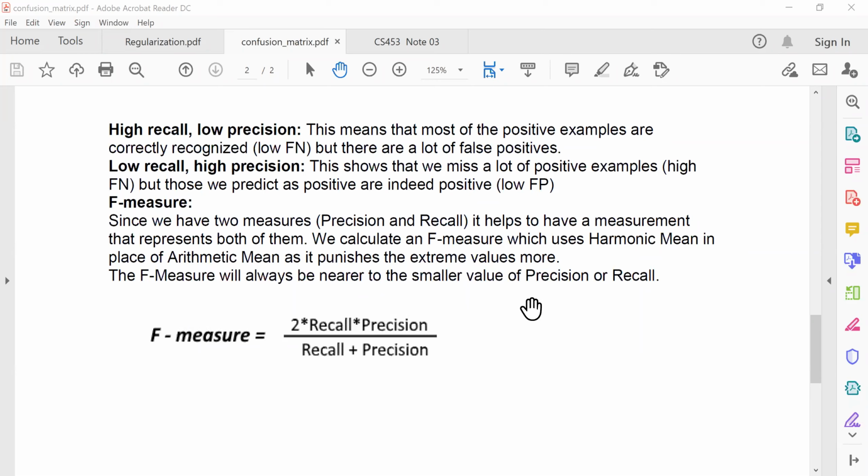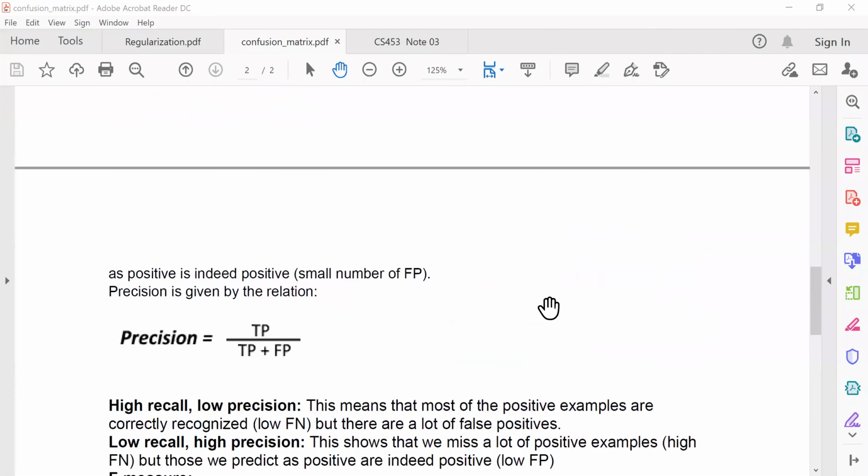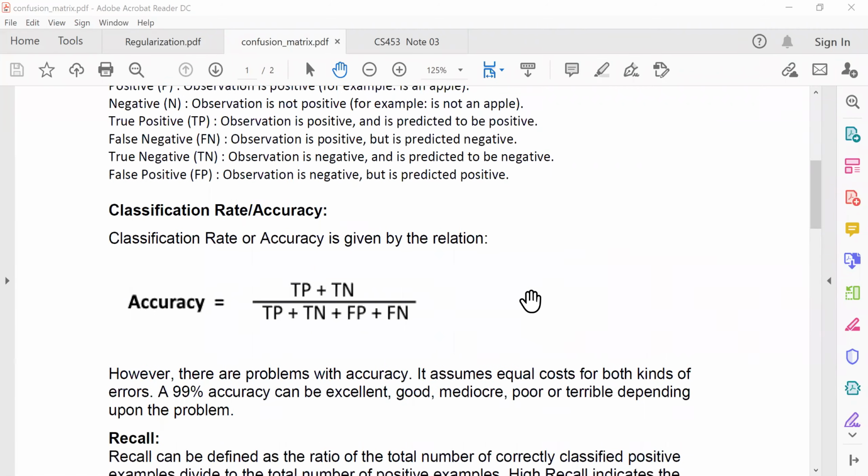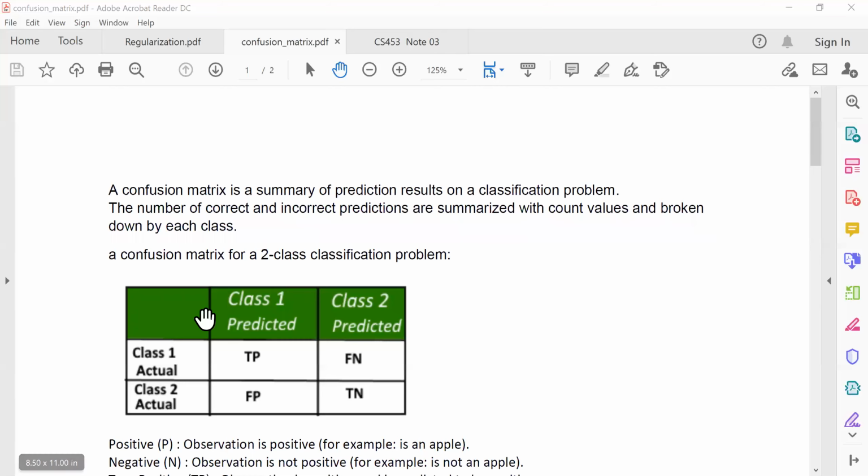because it punishes extreme values. So the F measure is always near to the smaller of the precision and the recall. So this is just another set of performance measures in the confusion matrix, that's also used quite often with machine learning algorithms.